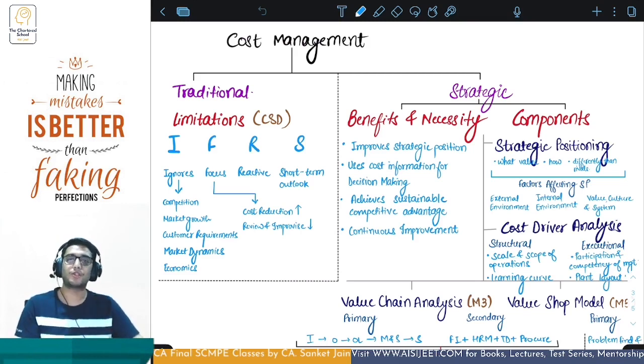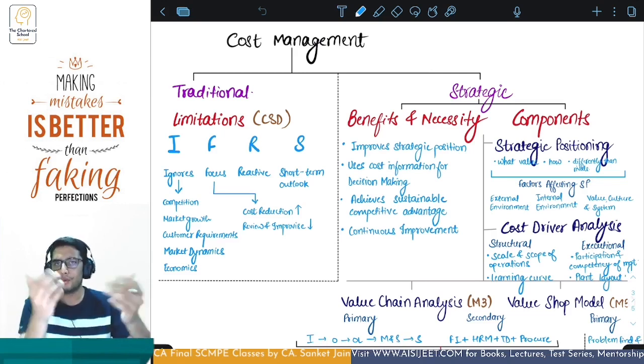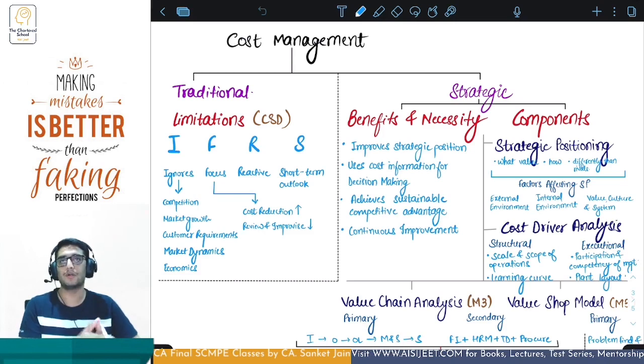Also, as I've already mentioned while discussing TCM, strategic cost management uses activity based costing as a method to allocate the cost, through which you get better cost understanding because there's structured and much more detailed cost information. So you can use this cost information, analyze it, and use it for better decision making. SCM helps you to use cost information for decision making.